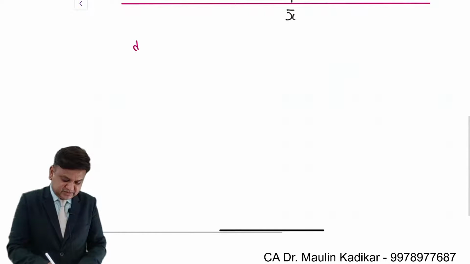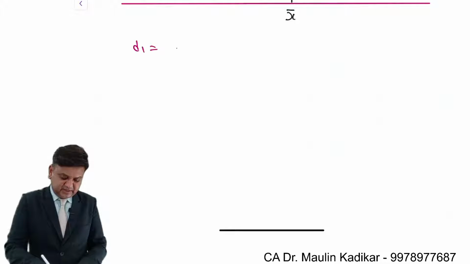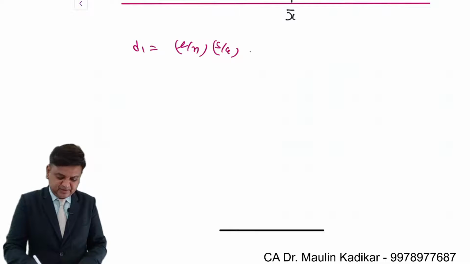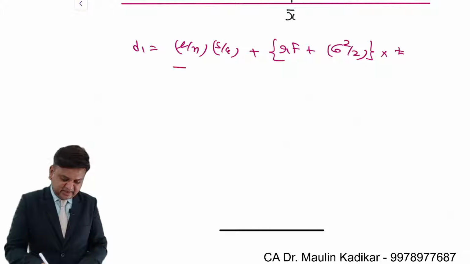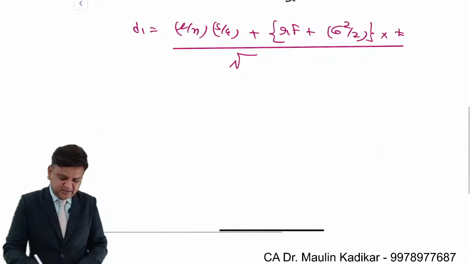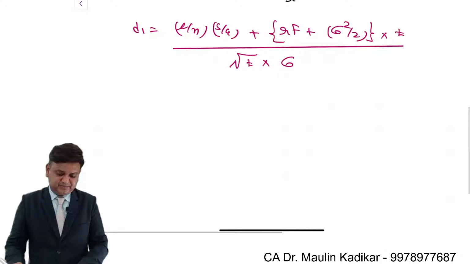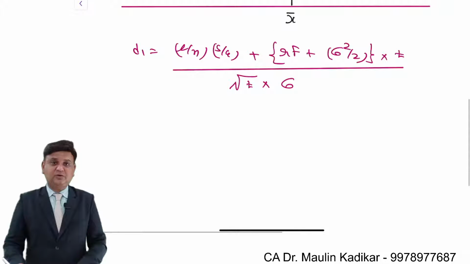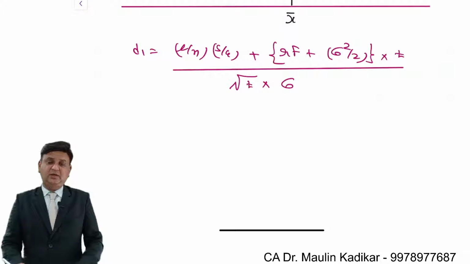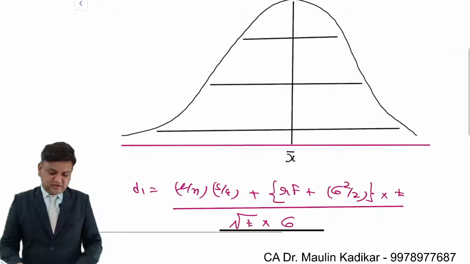As far as the D1 value is concerned, it is calculated by using a value like this: natural logarithm of S divided by E plus RF plus variance divided by 2 into time period, divided by under root of time period into standard deviation. This is a formula which is required to be applied for calculation of D1. Whatever the value of D1 that we compute, we are required to look into the Z table. Then we'll make the calculation of ND1.